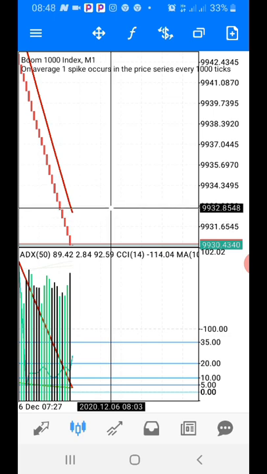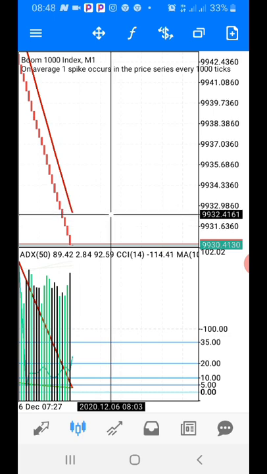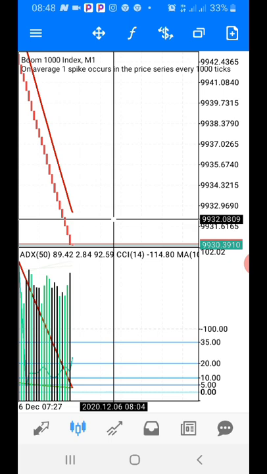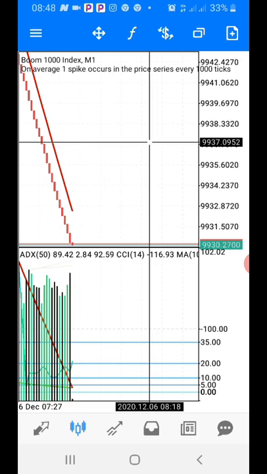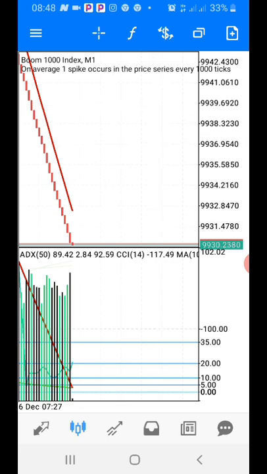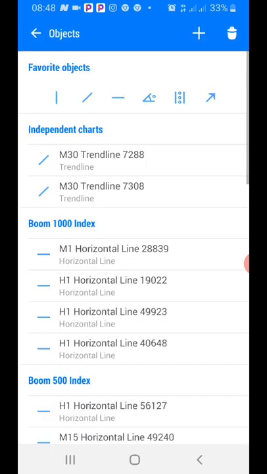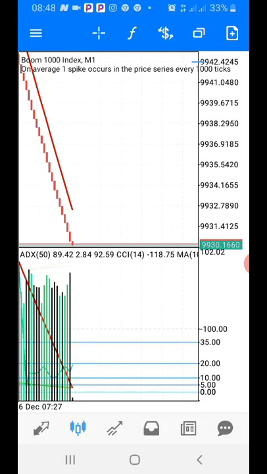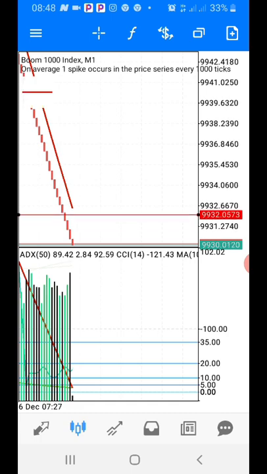Okay, back to the reason for this video: how to set your stop loss. I normally set my stop loss 20 candles after the point I placed my trade. So this is the point I placed my trade. I'm going to close this trade 20 candles after that point. Let me place a red line there to show the point so we can understand it better.